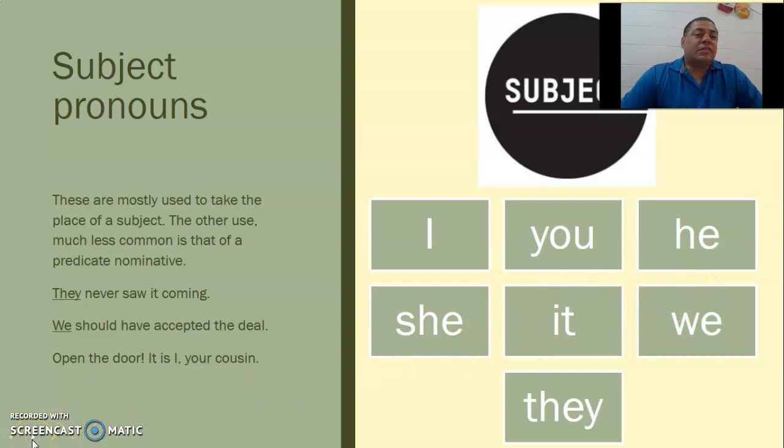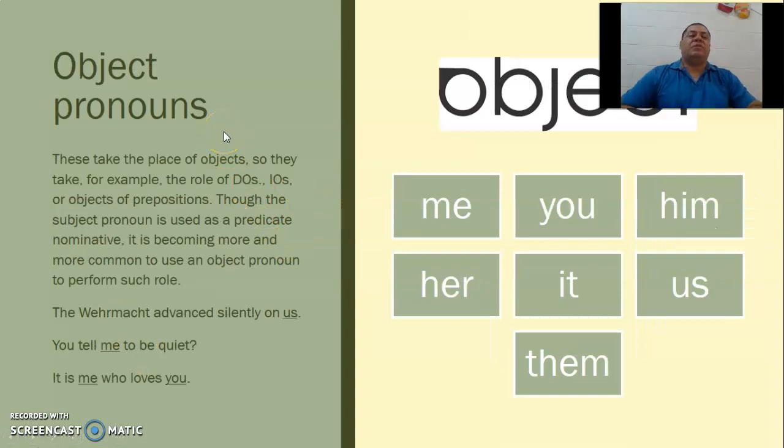Now, that brings us to the next kind of pronoun we are going to study, which is object pronouns. Now, an object pronoun, what it does is to take the place of an object, right? What kind of objects do we have? You know what kind of objects we have. We have direct objects, indirect objects, objects of prepositions, objects of gerunds, objects of present participles, etc. Yes?